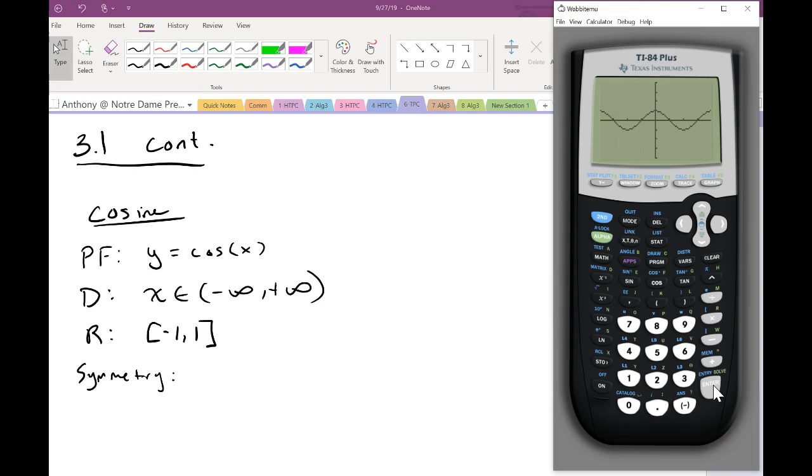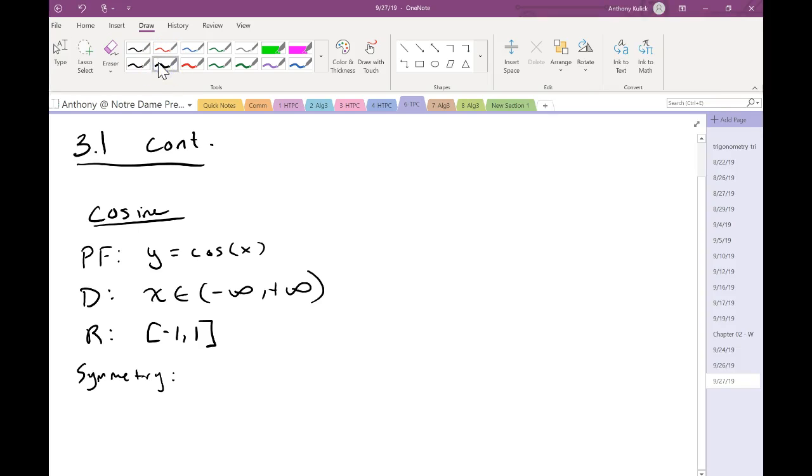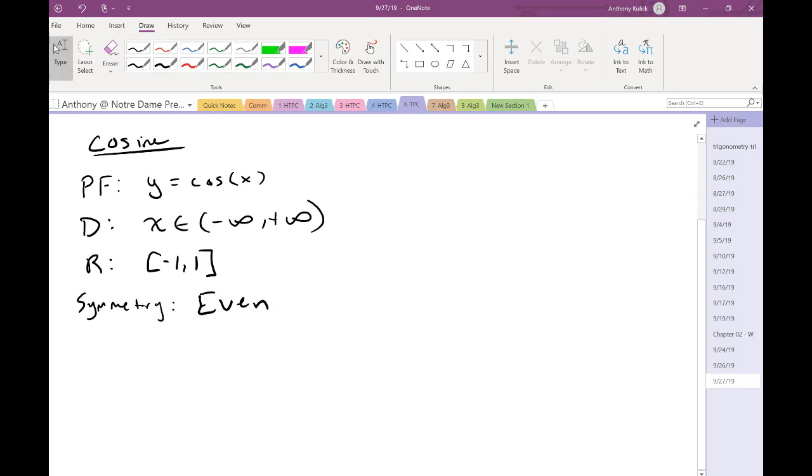What type of symmetry do we see here? It's symmetric across the y-axis, right? We have a special name for that. For functions that have that kind of symmetry, we call them even functions. Remember that we said sine was an odd function, so this is something that's different between sine and cosine.